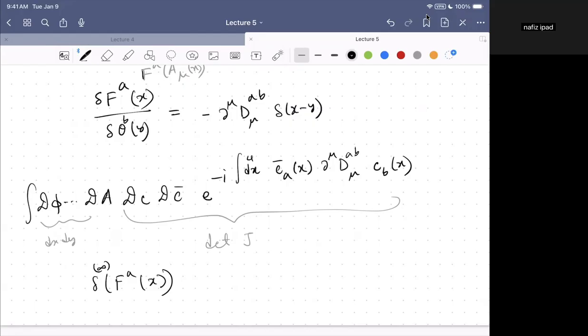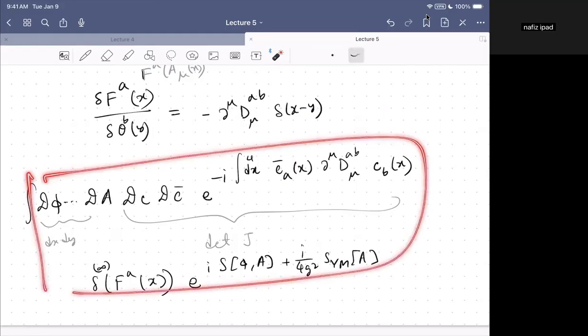We will deal with it momentarily. And then the action that we had, which was what? I, S, phi, A, the Yang-Mills action. Okay, very well. So this is what we have now.